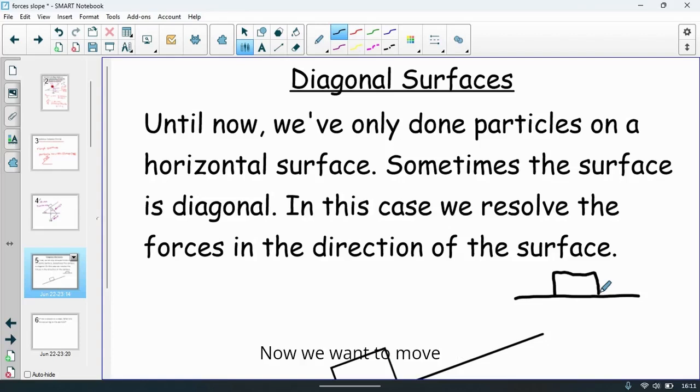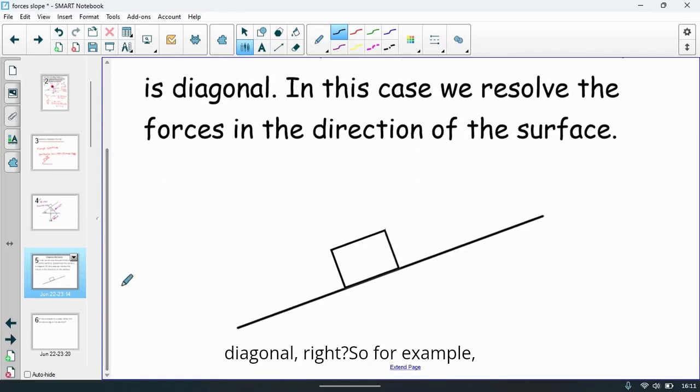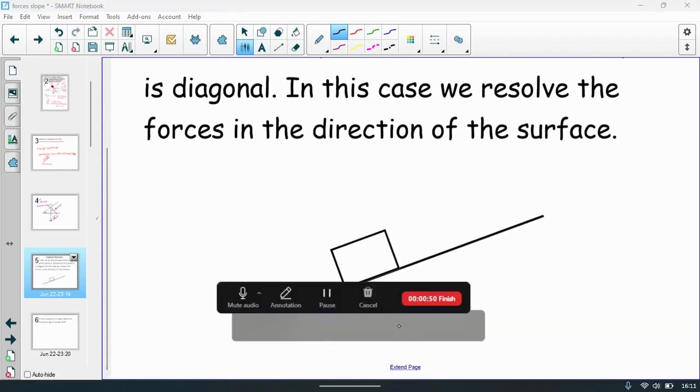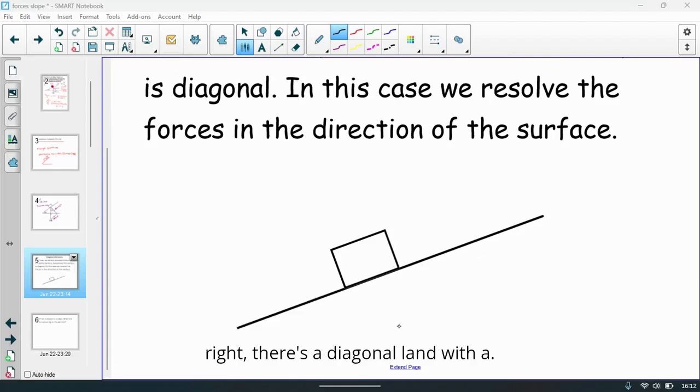Now we want to move to situations where the actual surface or the land is diagonal, right? So, for example, this type of situation here. There's a diagonal land with an object lying on top.